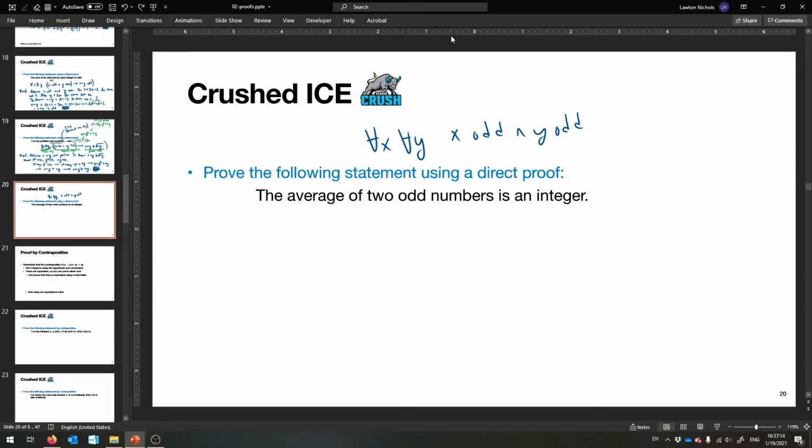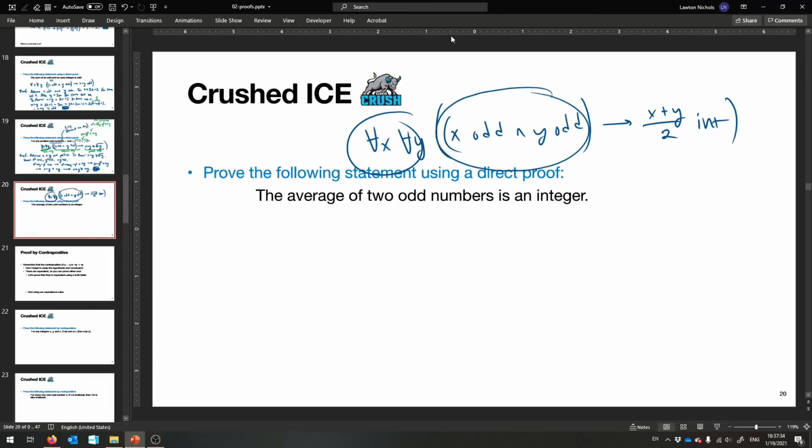So if they're both odd, then their average must be an integer. So (x plus y) over 2 is an int. Okay, so this is what we need to prove now. So assume that x and y are arbitrary, assume that this is true about them, and then prove this.